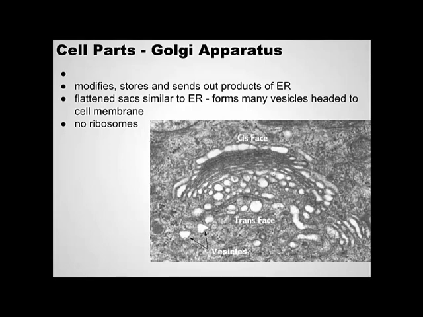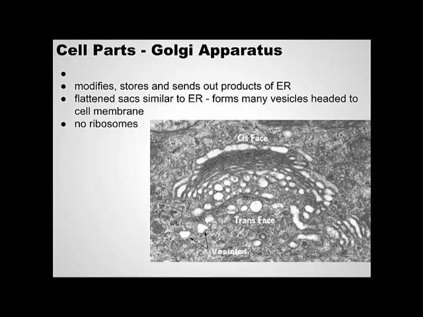So the ER, if we just think back, the ER is a series of membranes with ribosomes attached, or some of it does not have ribosomes attached, where materials are produced and then moved from one place in the cell to another. Oftentimes, those materials then get sent to the Golgi apparatus, which a lot of times looks similar to the ER.